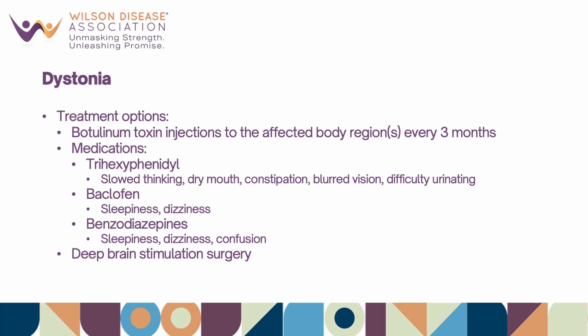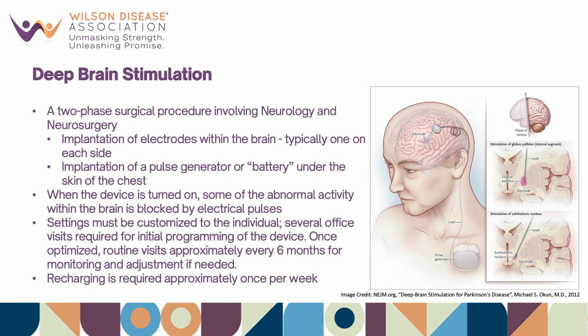And in severe cases, if we're not managing dystonia with medication or botulinum toxin, we might consider deep brain stimulation surgery. That's a 2-phase neurosurgical procedure that involves implantation of electrodes within the brain, typically one on each side, and implantation of a pulse generator or battery that powers the device under the skin of the chest.